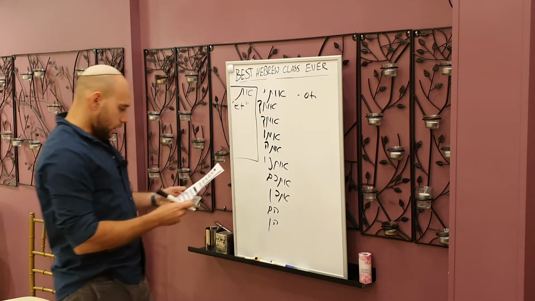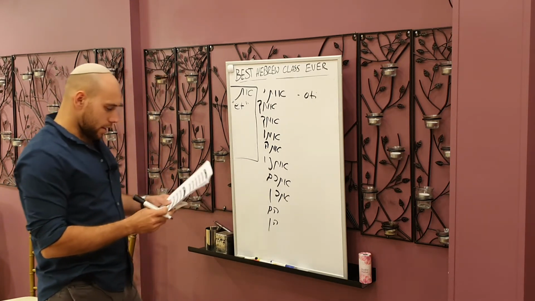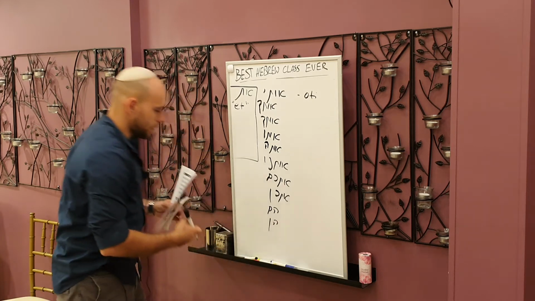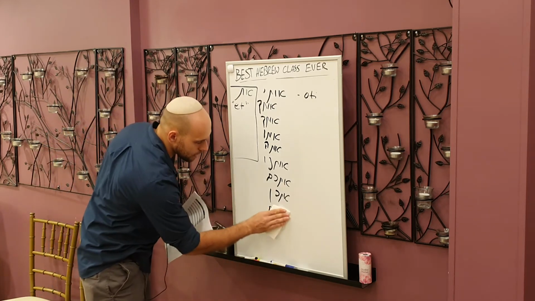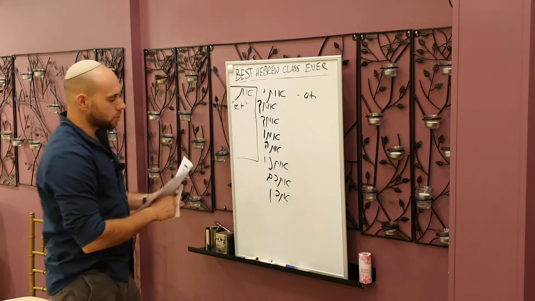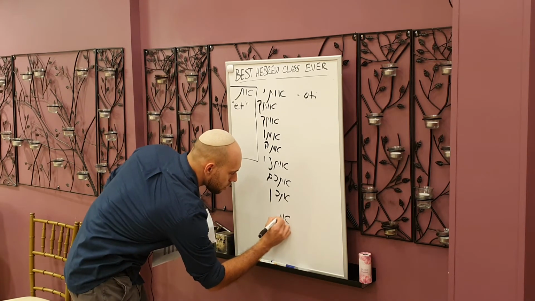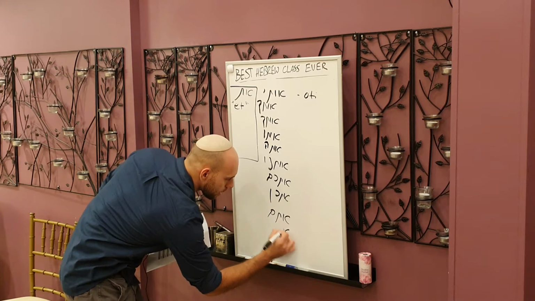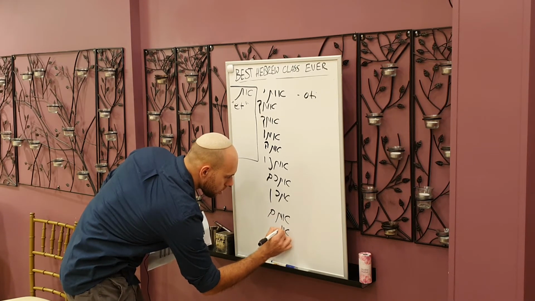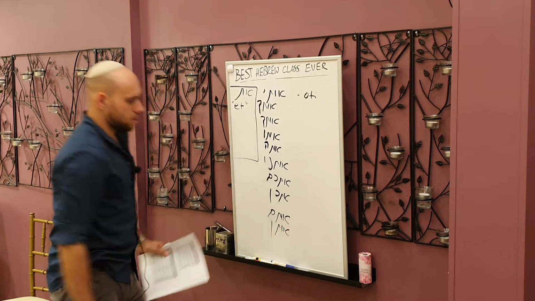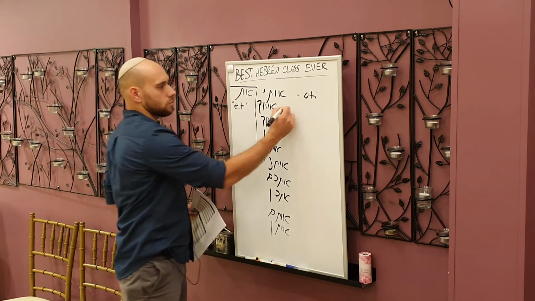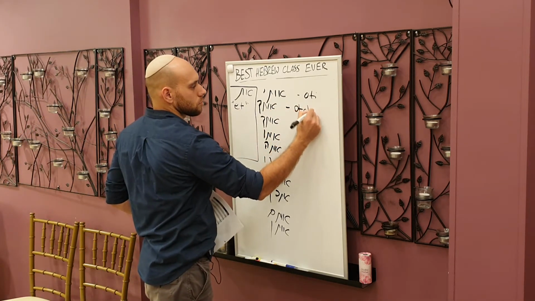It would be etchem, etchen, and then this one, as I said, sometimes it's hem and sometimes it's am. In the case of this one, it'd be otam and otan. Hem, otam, not otam.